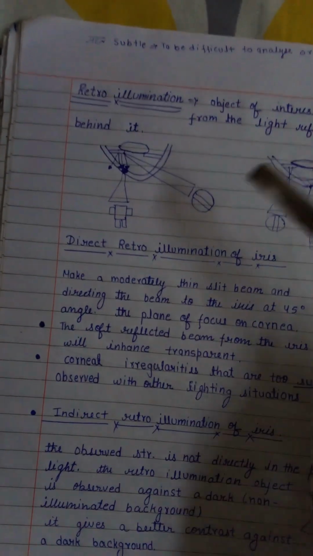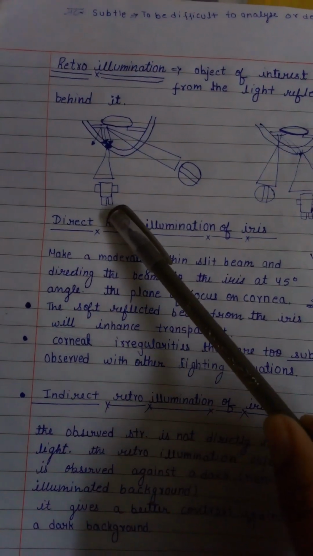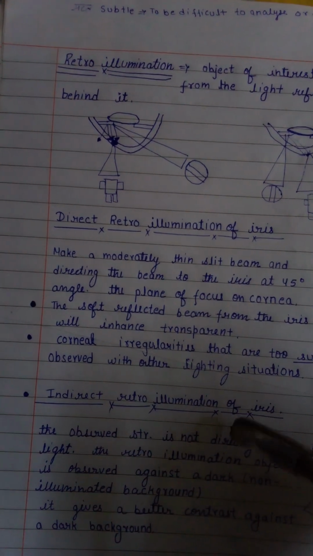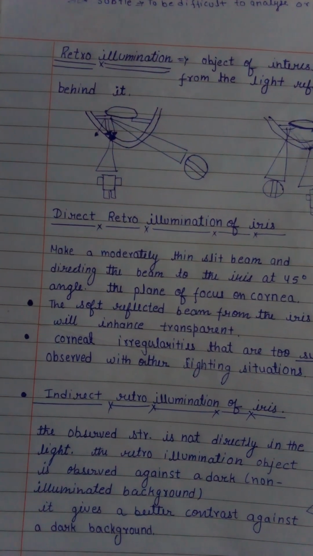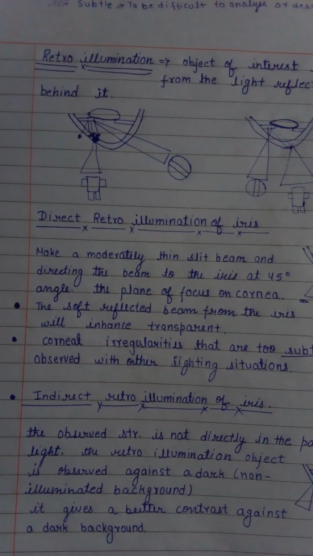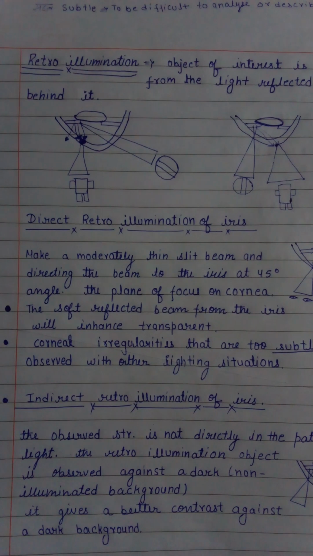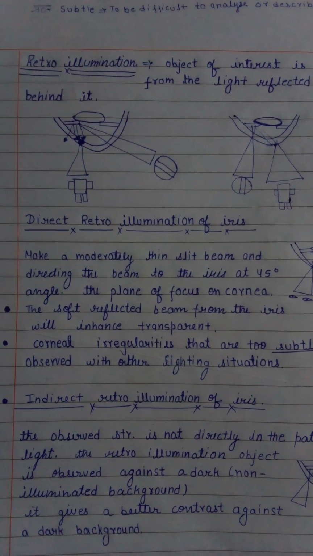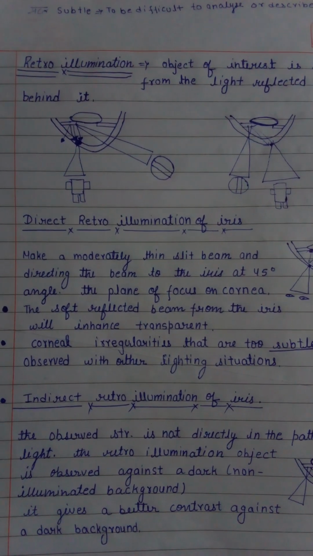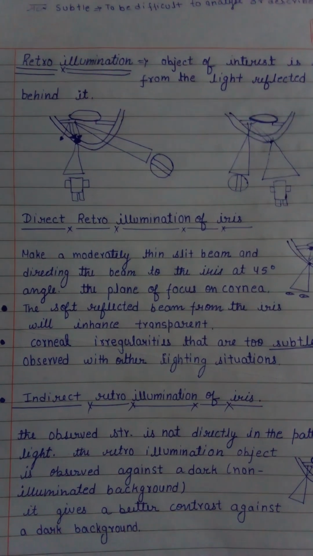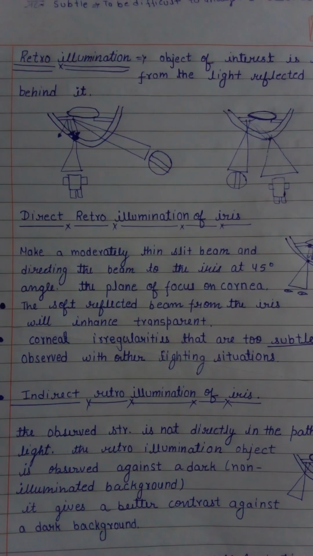In this picture you can see the observation system and the illumination system. The reflected light illuminates the object from behind. This is called retroillumination.